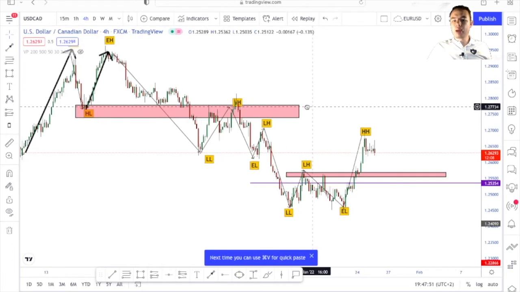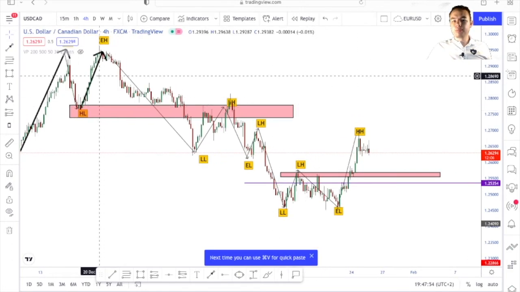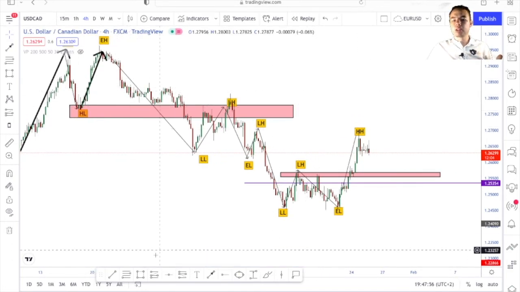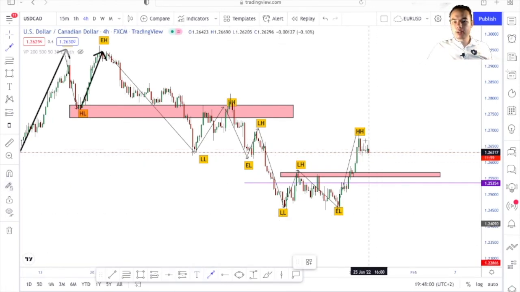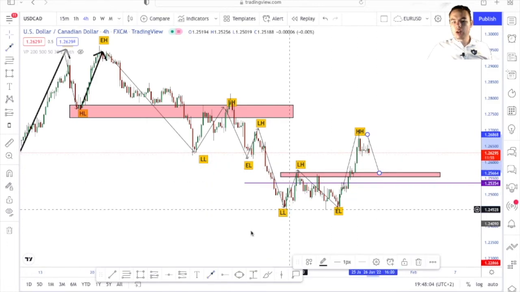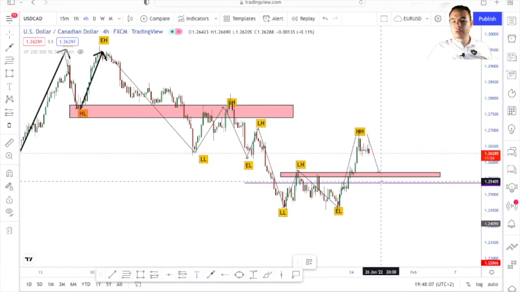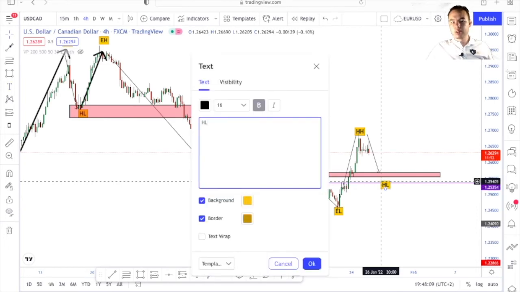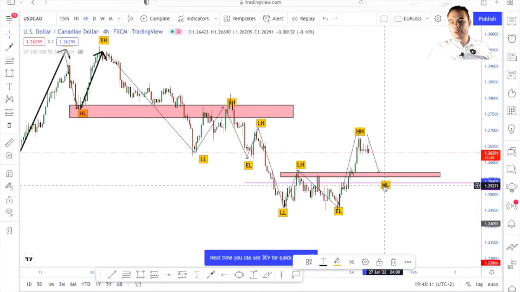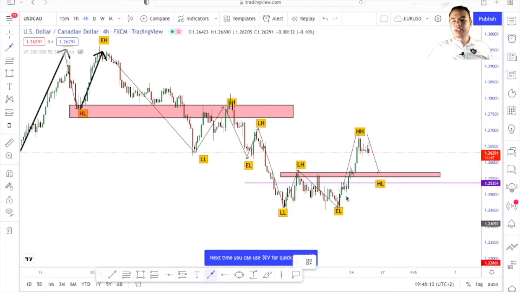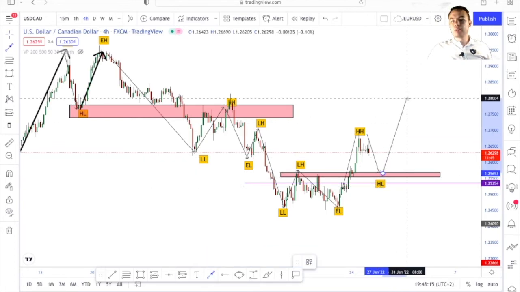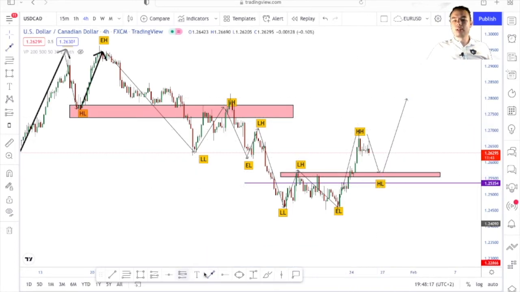So what's going to happen? Can you see the pattern? What's most likely going to happen is price is going to come down to this level, form a higher low, and then continue going up to form a higher high.